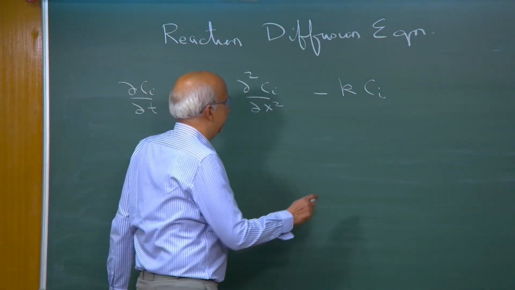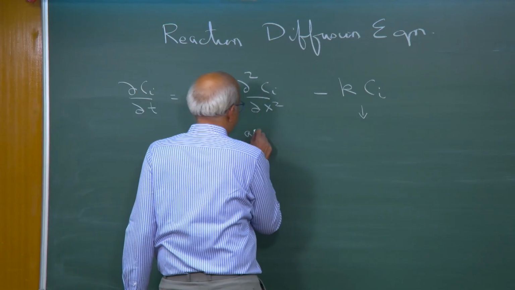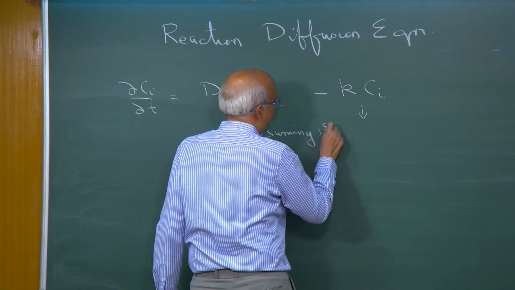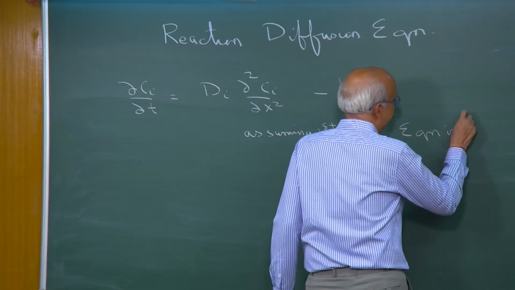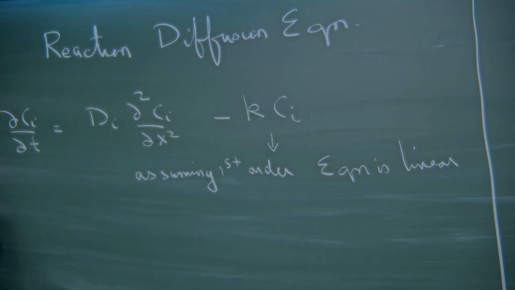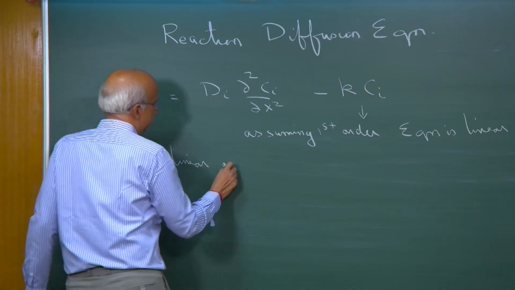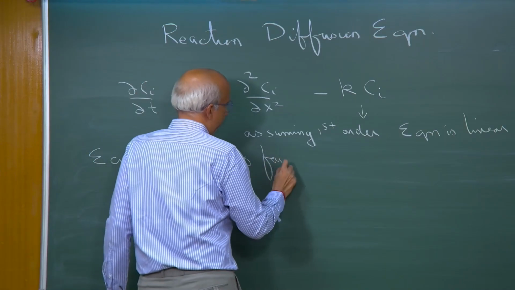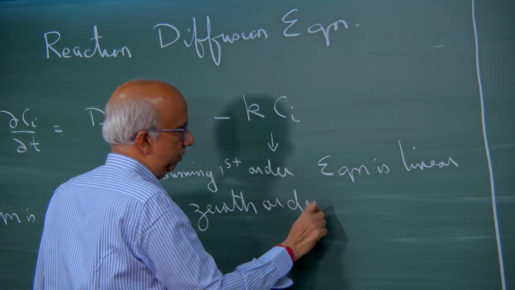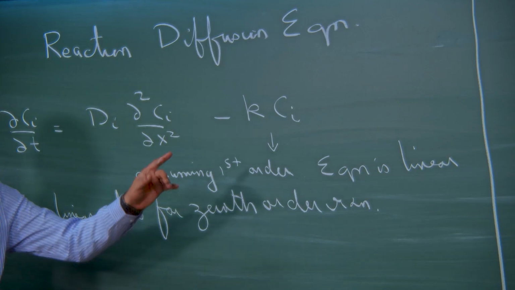So, assuming first order, the equation is linear, and the equation is linear also for a 0th order reaction, in which case it will be just minus k.